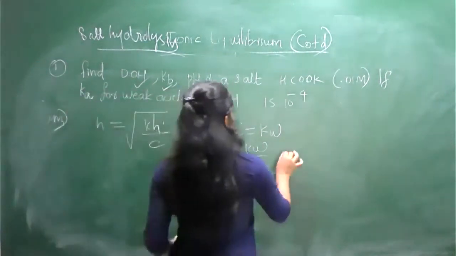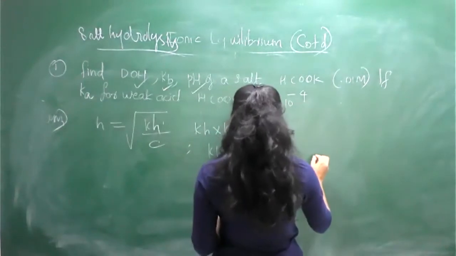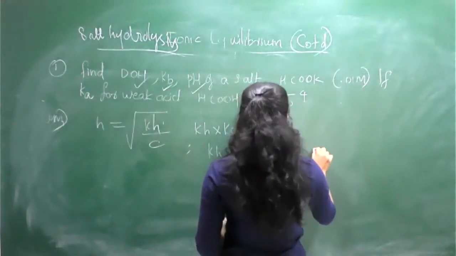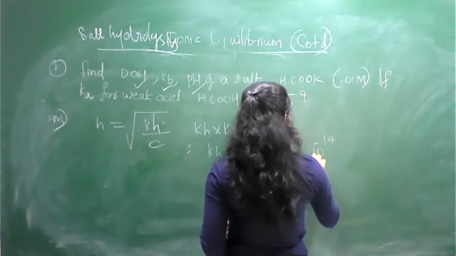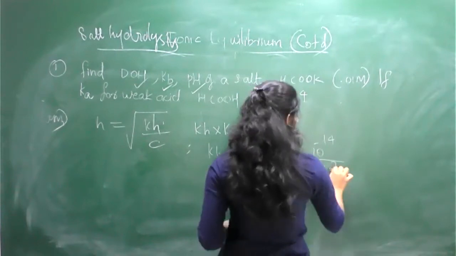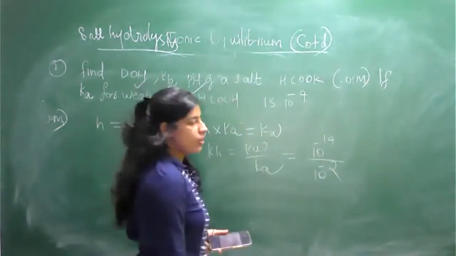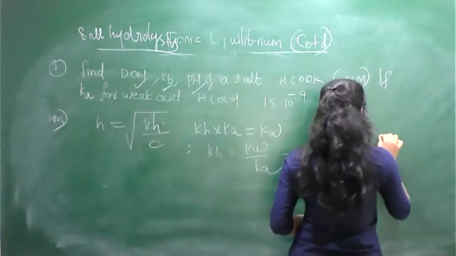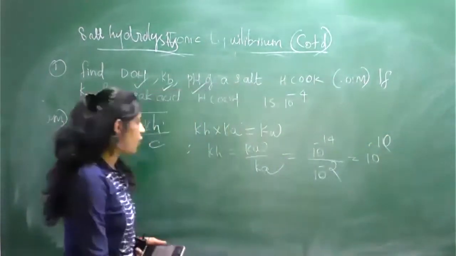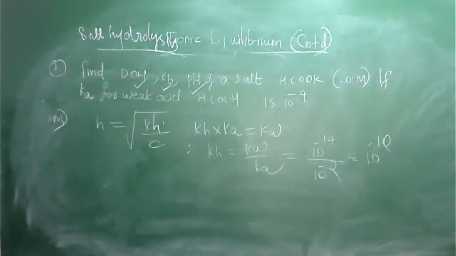Kh is equal to Kw, 10 to the power minus 14, no? Then 10 to the power minus 2, no? After that you will get 10 to the power minus 10 for Kh.